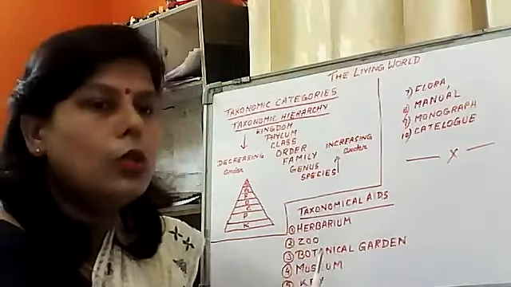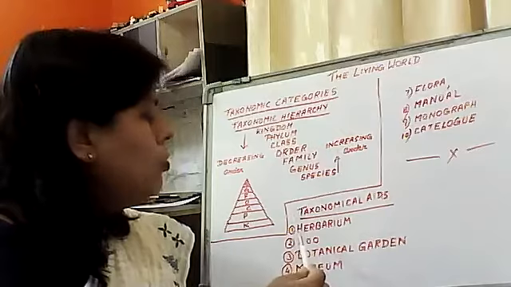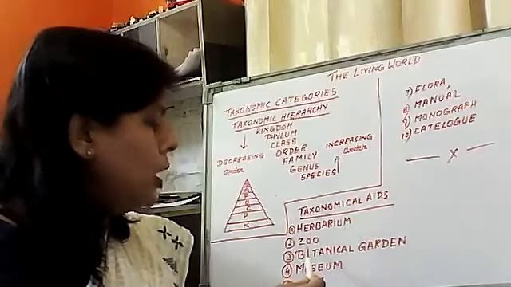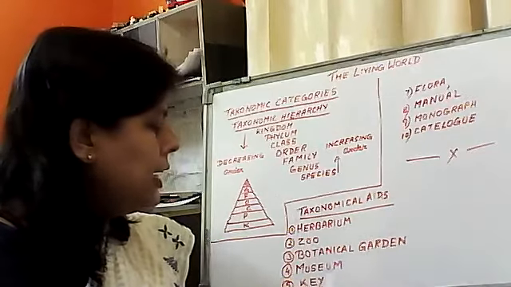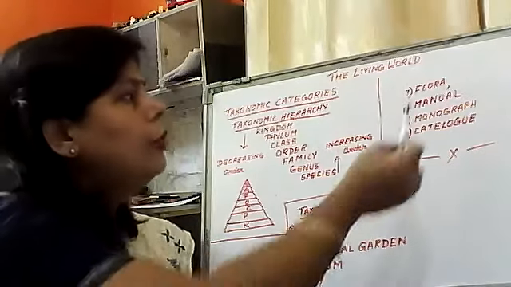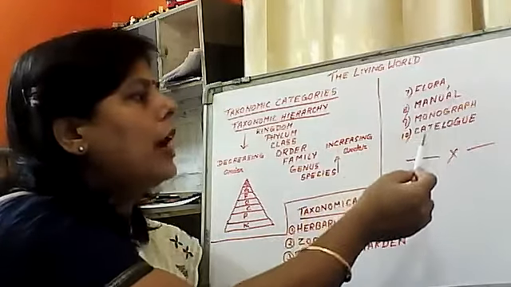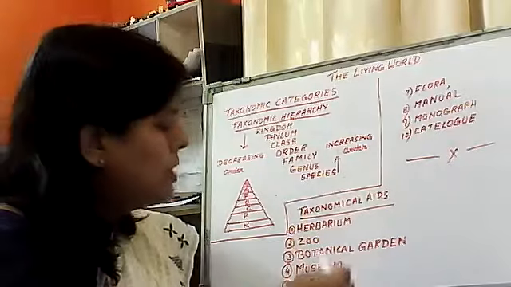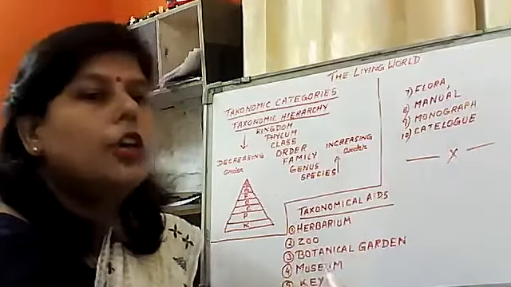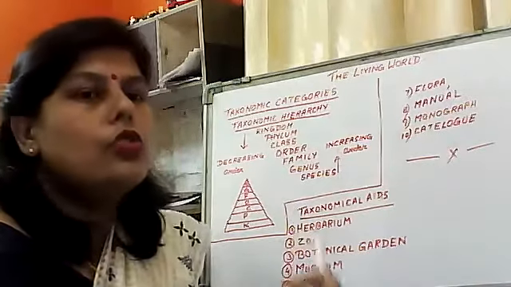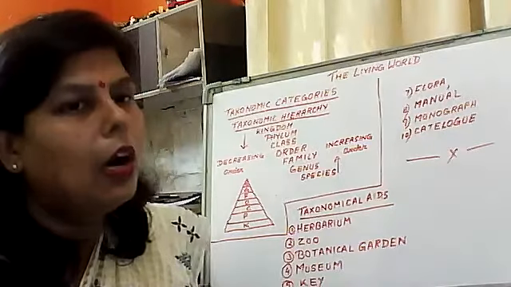So various tools are used. Out of them, one is the herbarium, next one zoo, botanical garden, museum, key, flora, manual, monograph, and catalog. So these are the various ways by which it helps us to identify a particular organism.